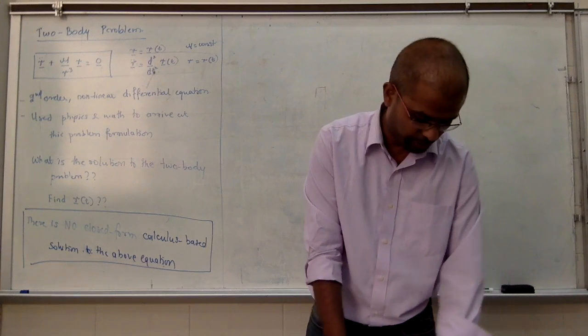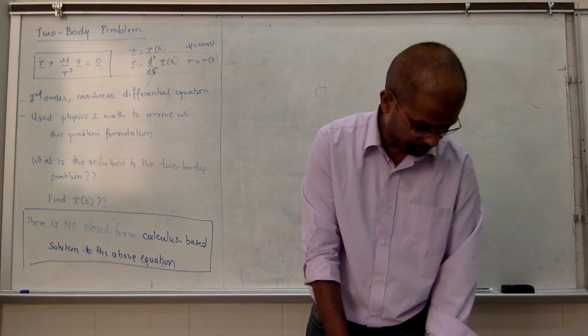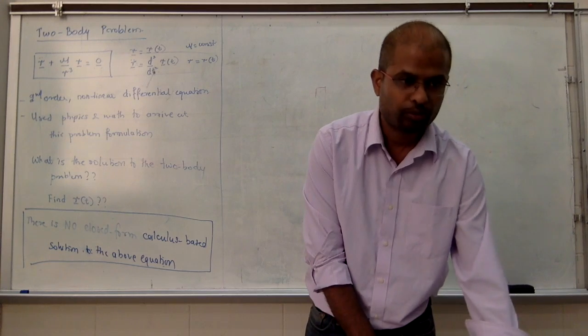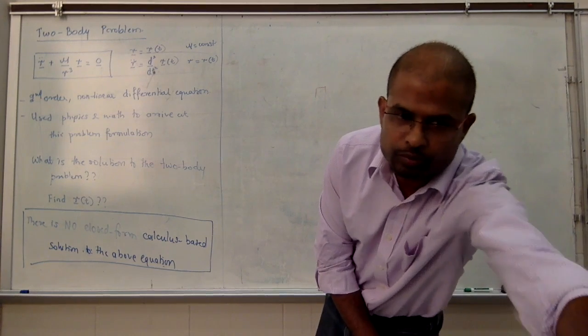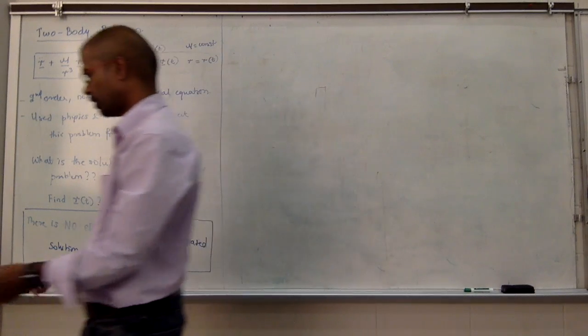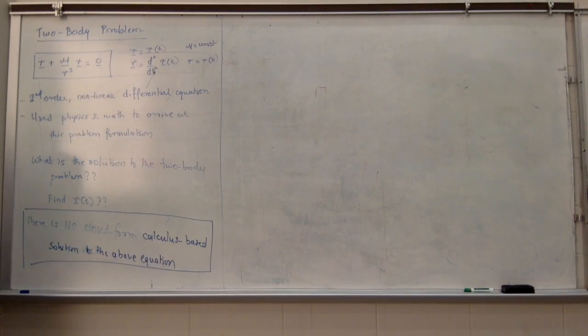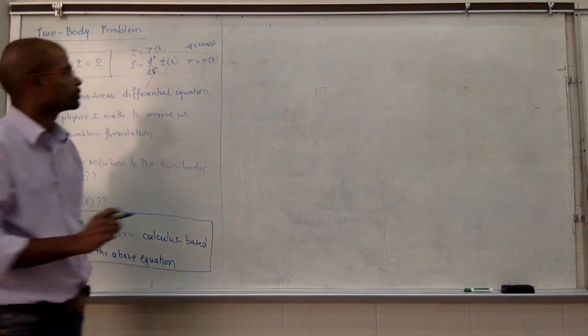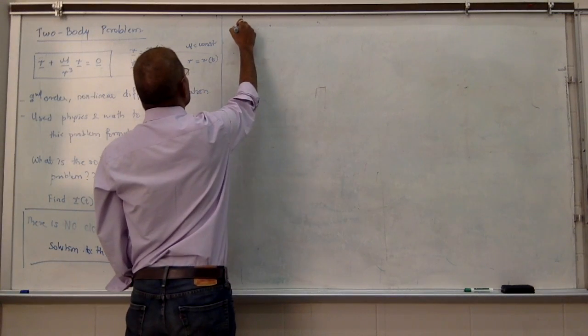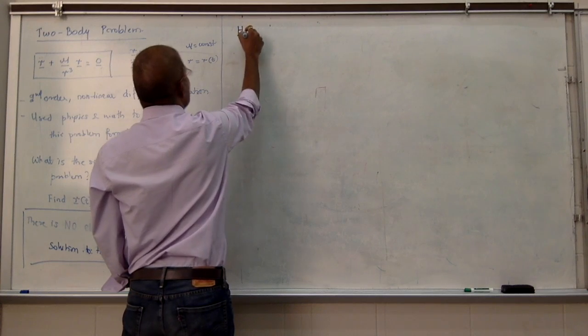Everybody understands angular momentum? Yeah. What is angular momentum? What is momentum? Linear momentum? How is linear momentum defined? Linear momentum is mass times velocity. Mass times velocity, right? So similarly, you define angular momentum. You will define this h.